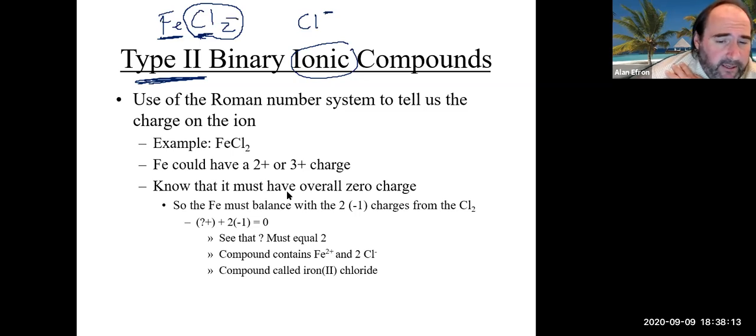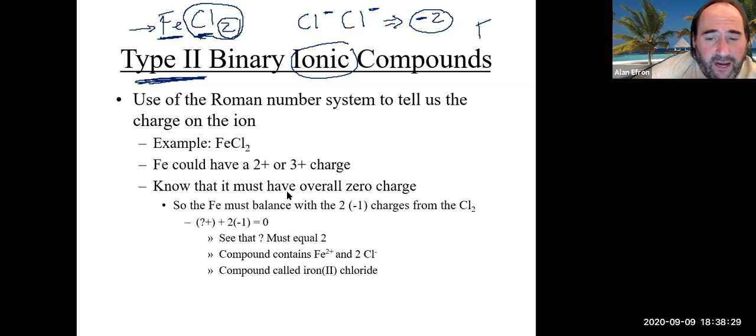The important part here is we don't have one of those guys, but we actually have 2 of those guys, which means grand total for our negative is -2. We know that an ionic compound needs to be balanced out to 0. And in this formula, there is only 1 iron present, which means in order to balance it out, it does need to be +2 in this case.